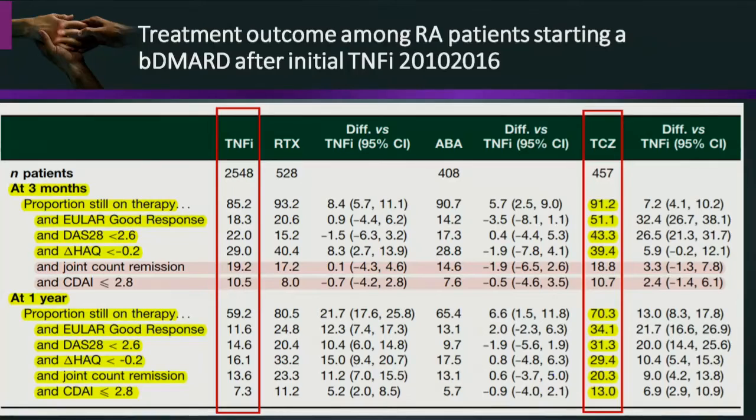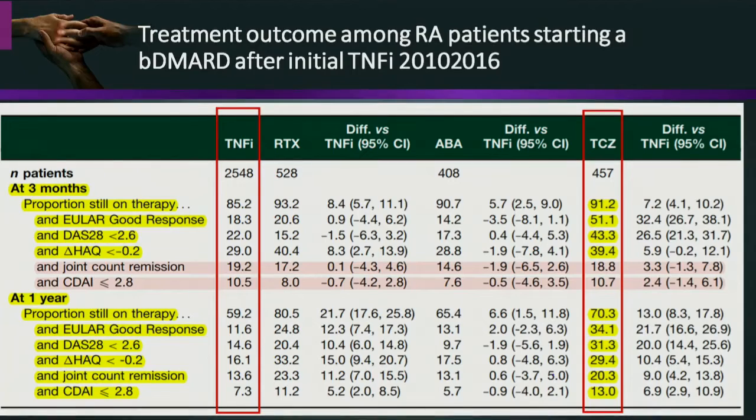When we look at the other group of patients, those who failed the first anti-TNF, what did you do for them? Did you start them on another anti-TNF, or start them on a different mechanism of action? And I would be more concerned about 1 year, which is more important because the difference is more significant at 1 year.